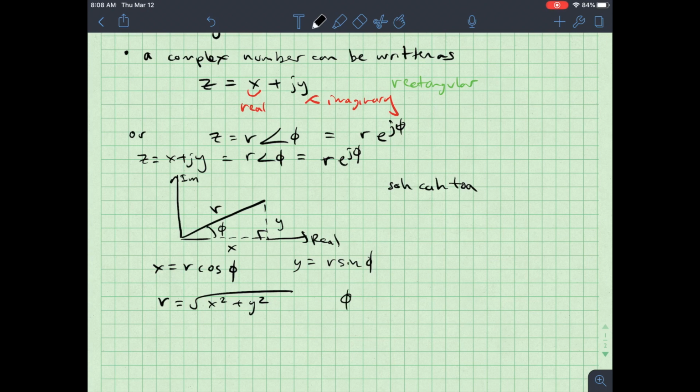Phi depends on which quadrant I'm in on the complex plane. So I've got quadrants 1, 2, 3, and 4.